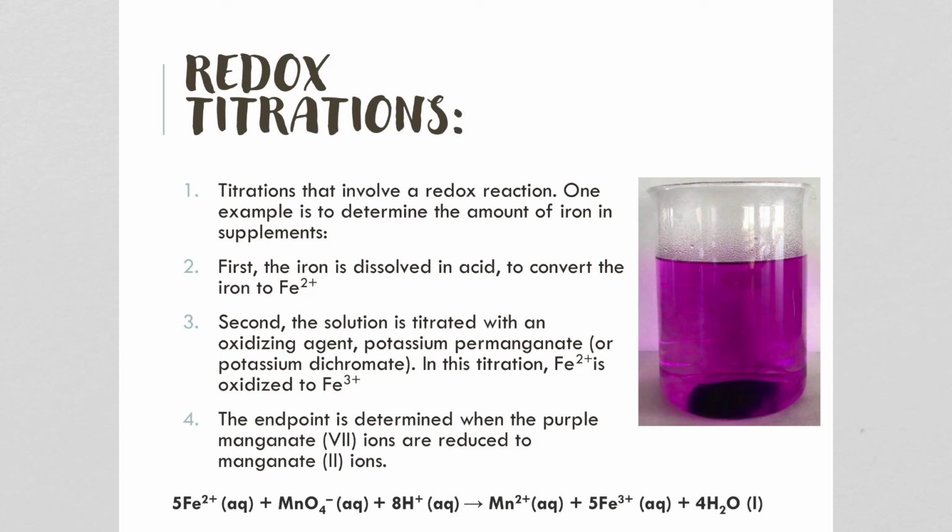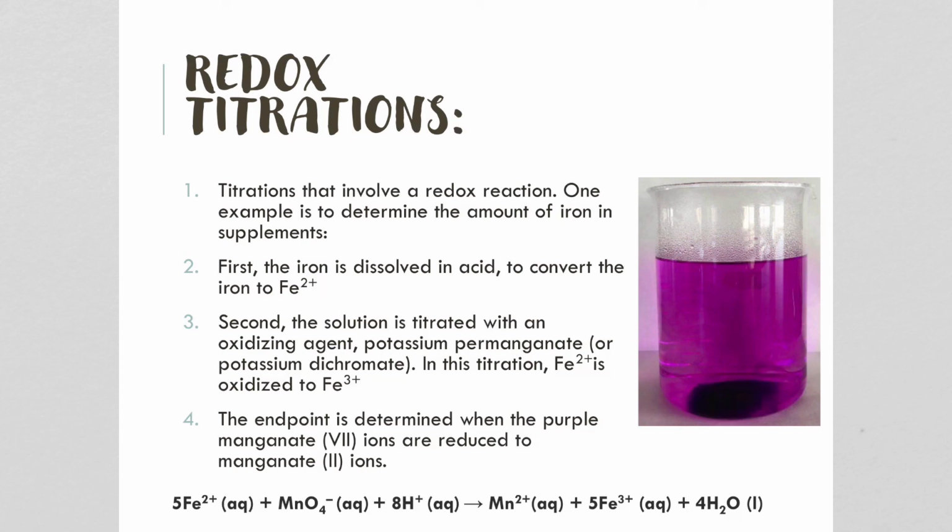Potassium permanganate is one, or you could use potassium dichromate. In this titration, the Fe2+ will be oxidized to Fe3+, and the endpoint will be determined when the purple manganate 7 ions are reduced to become manganate 2 ions. So we get a nice color change from purple to transparent.